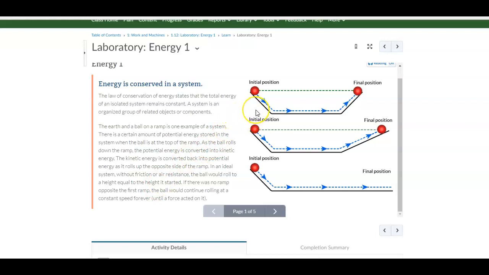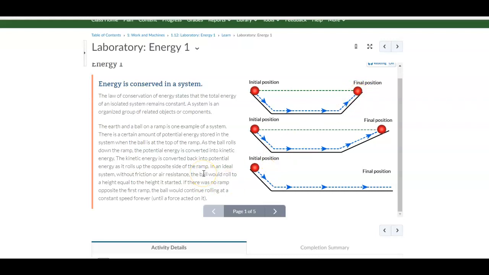So what it's saying is in a perfect system with no interference, like air resistance or friction, something that's going to slow it down, it would go exactly to the starting height. But we know that we're not in a perfect system without interference. We do have the effects of friction and air resistance. So that ball is probably not going to make it exactly up to the same starting height.